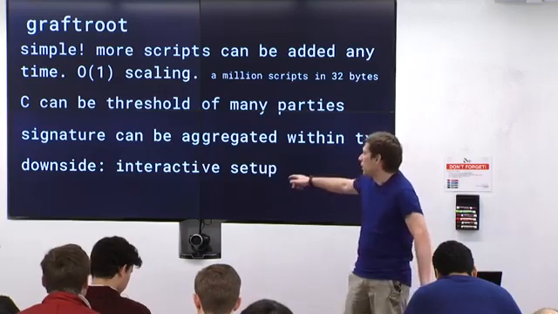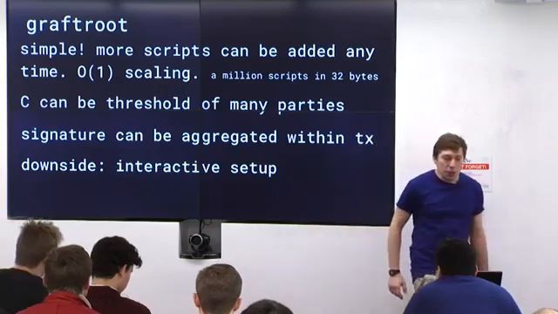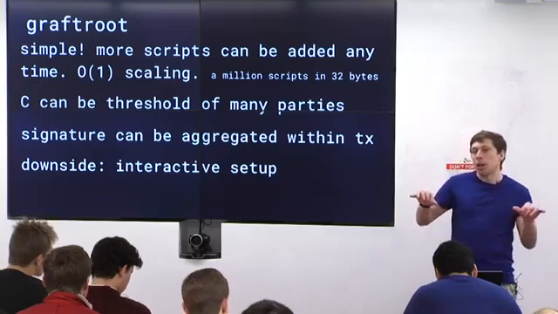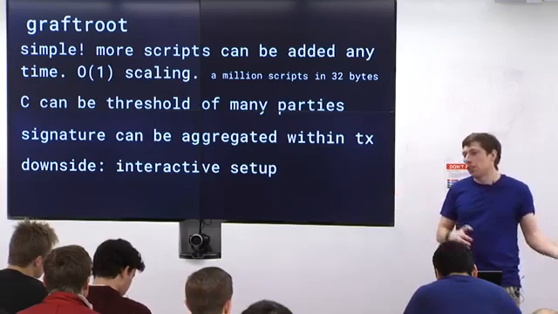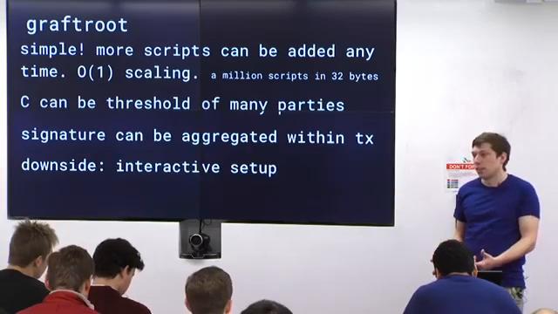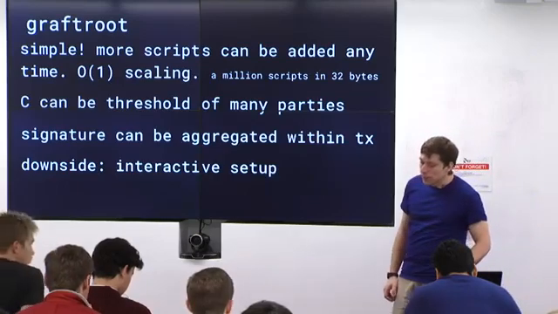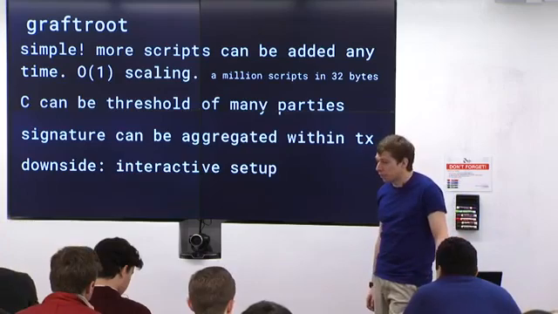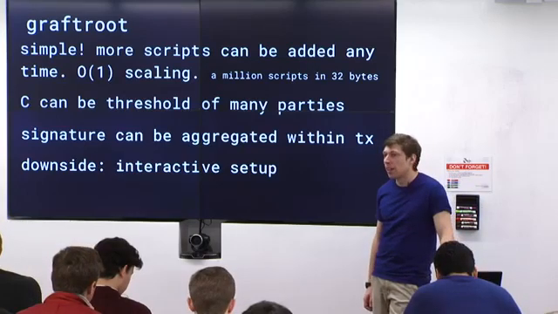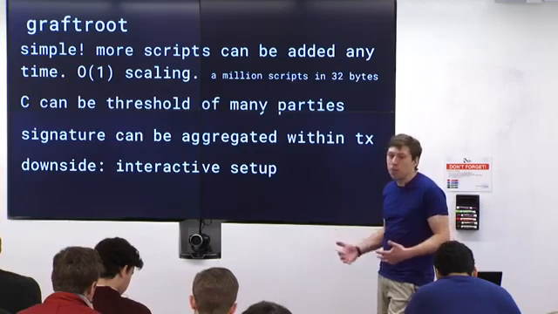The downside is this interactive setup where you can't just take Alice and Bob and Carol's key and send to a graftroot 2 of 3 multisig, right? Alice and Bob and Carol need to sign something. In some cases, that's no big deal, right? In some cases, you're connected to them over the internet, and all the participants are cooperating.